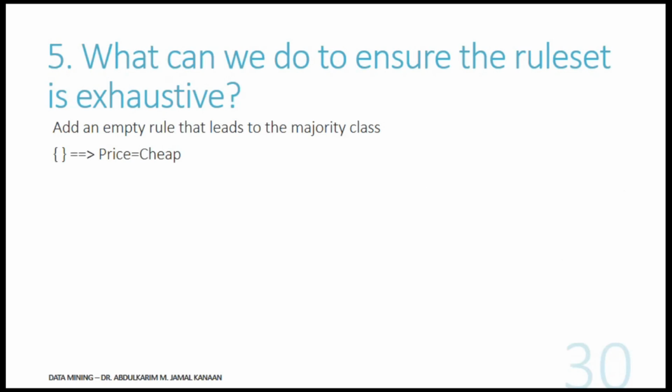What can we do to ensure the rule set is exhaustive? Just add an empty antecedent, else, like in an if-then condition. The last one, you need to add else to make sure it's exhaustive. So in case a record cannot be triggered by any if, then the last one, else, can be triggered. All right, that's it.